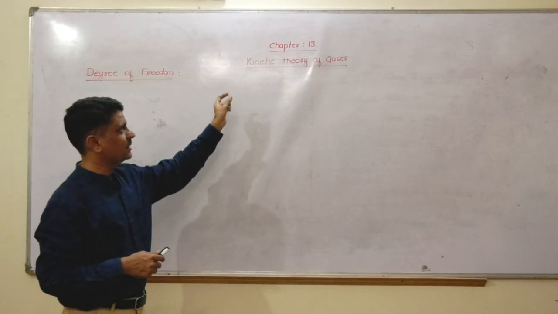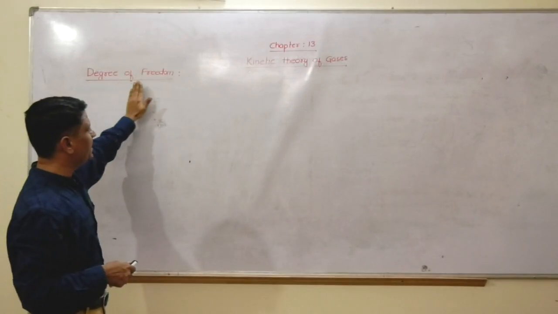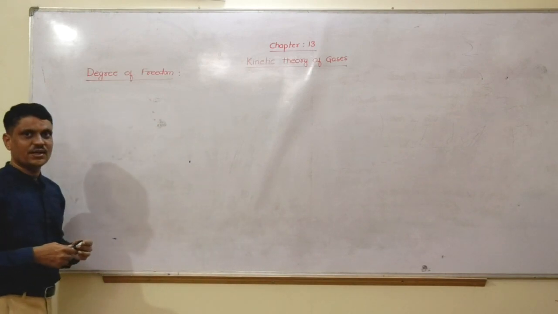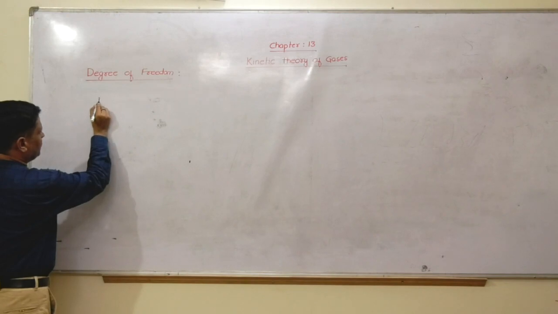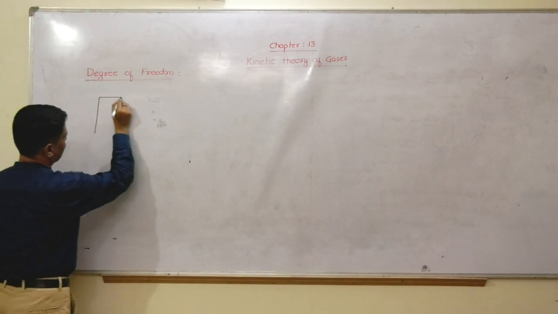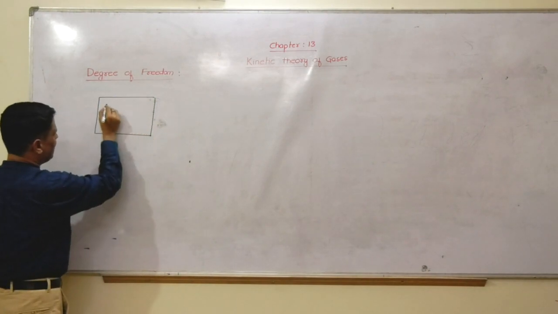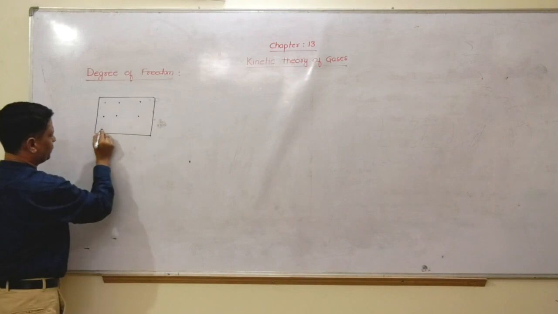So, in kinetic theory of gases, today we discuss degree of freedom. What is this degree of freedom? To know this, see, whenever we take a gas, the gas contains a large number of atoms or molecules.